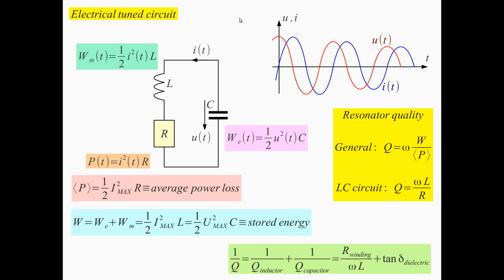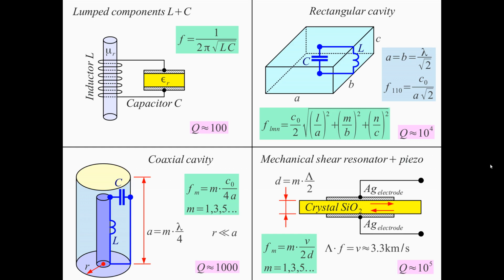What kind of electrical tuned circuits can we make? We can make an electrical tuned circuit with lumped components, with a lumped inductor and a lumped capacitor. So I have an inductor with maybe a ferromagnetic core here, and a capacitor with some kind of dielectric in between.